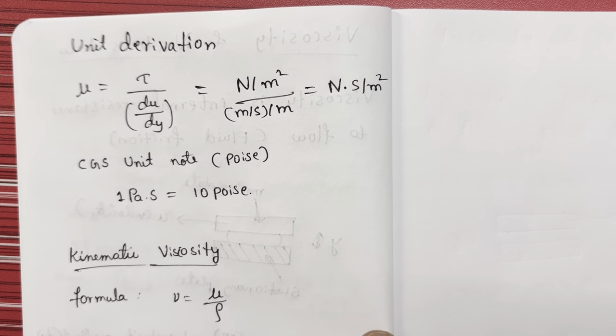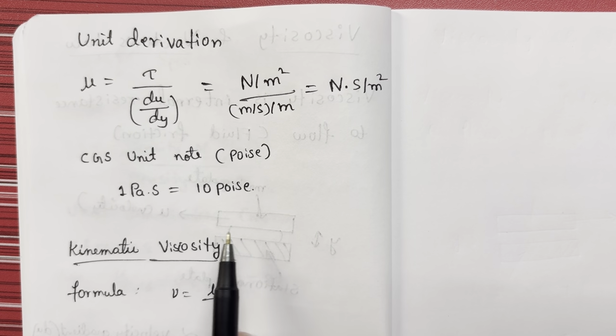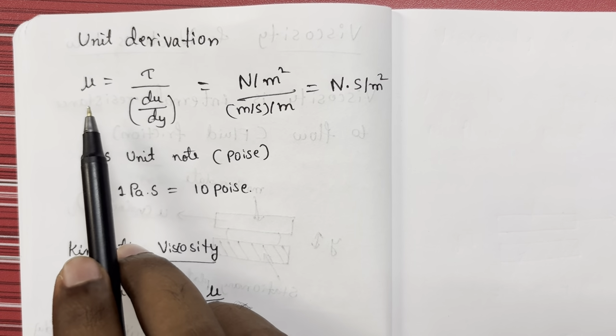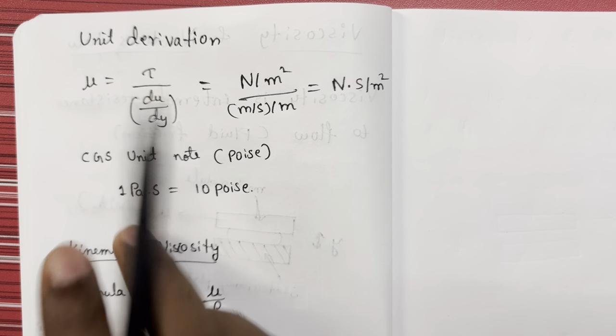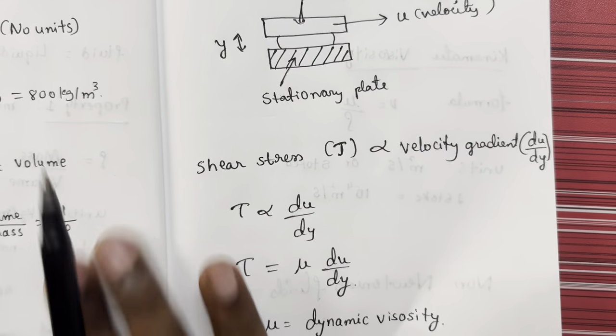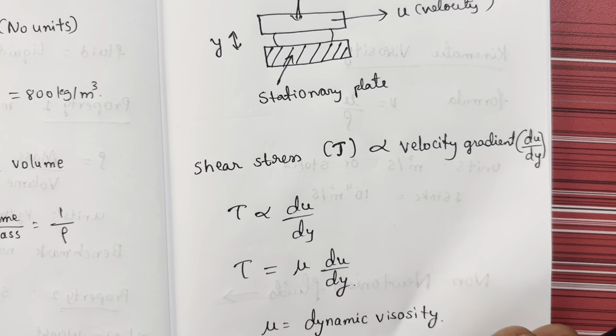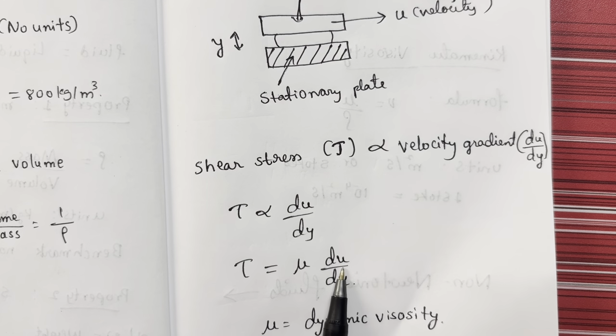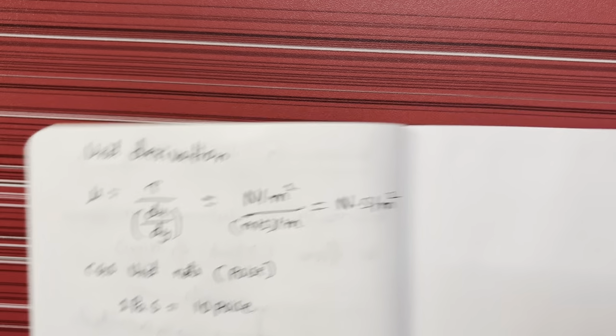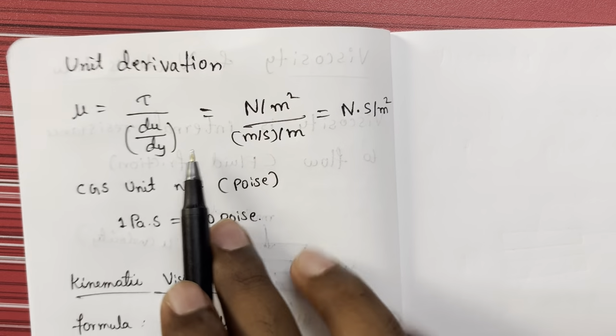Now we will derive units based on the formula. For the dynamic viscosity, as we have seen here, tau is equal to mu into du by dy. So we take du by dy to this side. So now mu will be tau by du by dy.